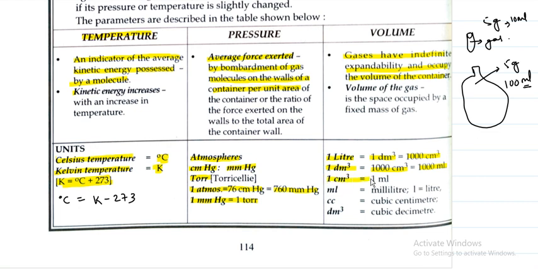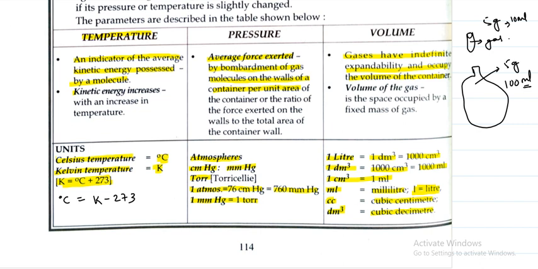So 1 cubic centimeter is equal to 1 ml. ml is nothing but milliliter, and L means liter. Remember the symbol: milliliter symbol is small m and small l, and liter symbol is small l. cc means cubic centimeter, and dm cube means cubic decimeter. So you have to remember all this conversion.